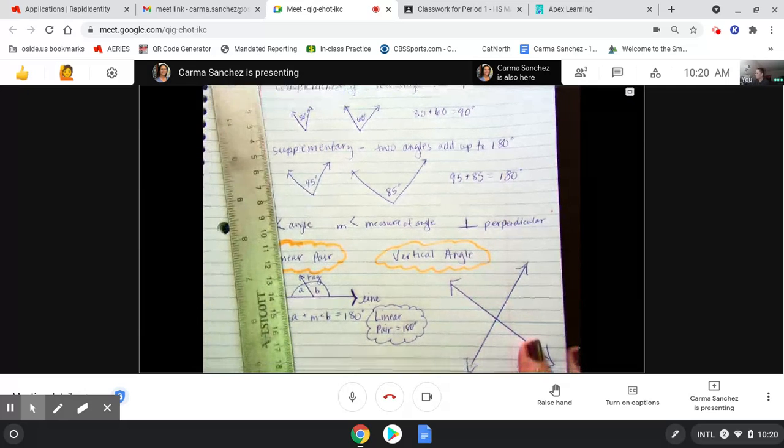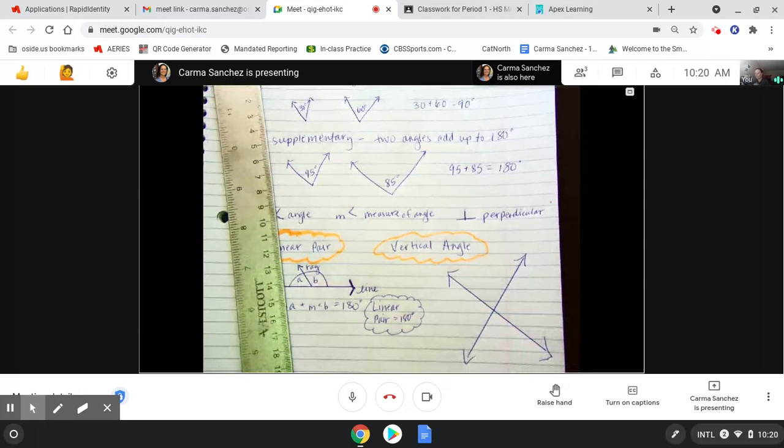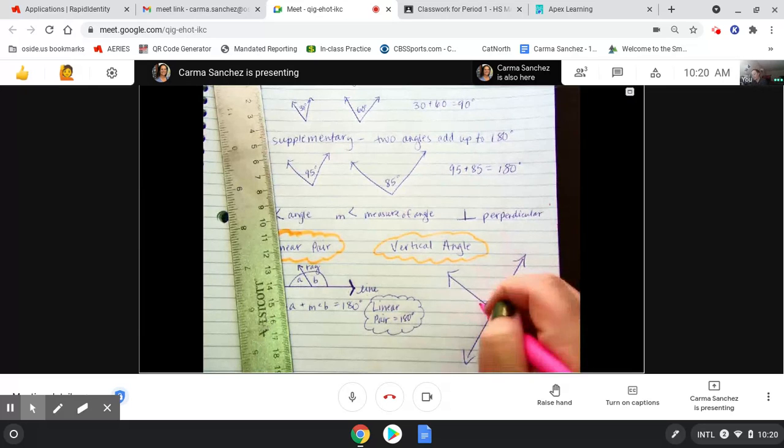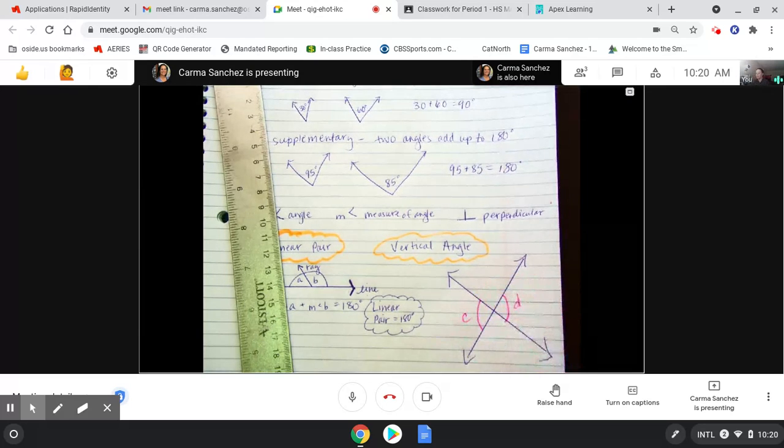All right, for this one, we could say angle C and angle D are vertical. What does that mean? They're the angles that are across from each other when formed by two intersecting lines. So angle C and angle D are vertical angles.